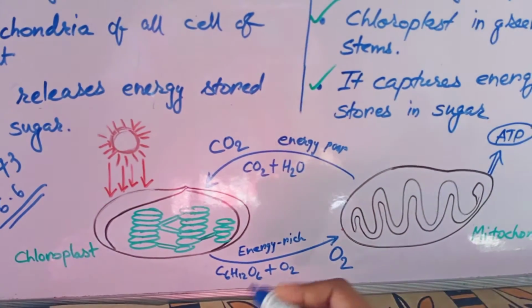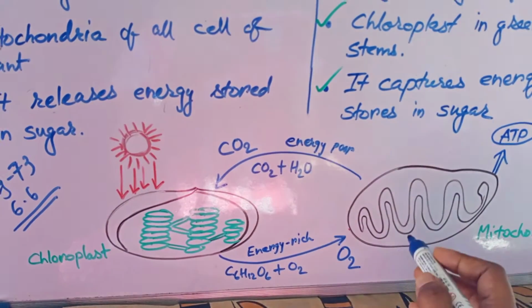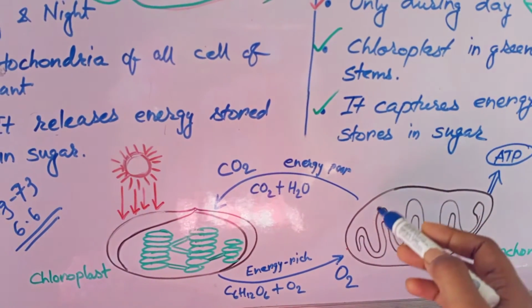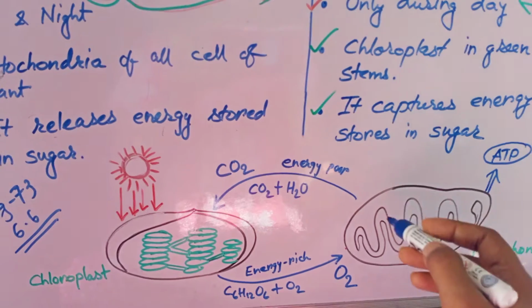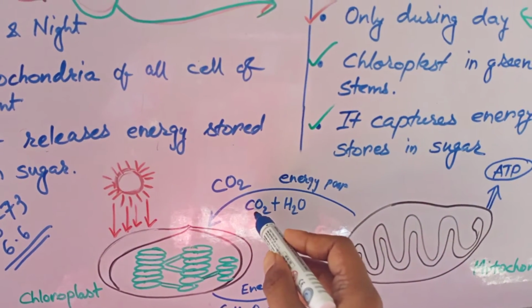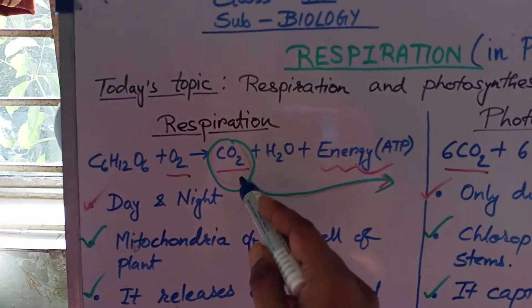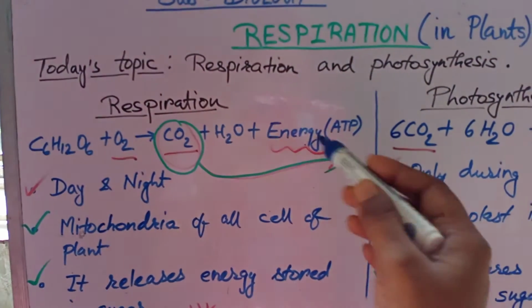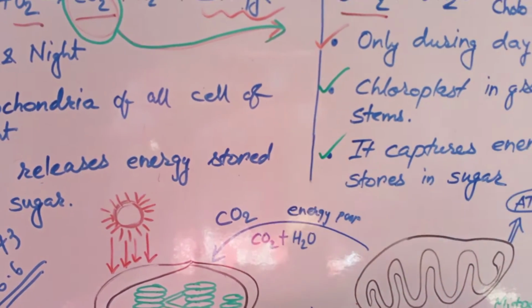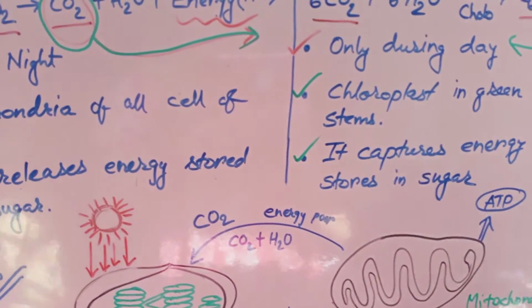Now a part of it, or the whole of this gas that is produced, is used up by mitochondria. Again, in the daytime, when respiration occurs by the oxidation of glucose, carbon dioxide and water are released and energy is also released. The energy is stored in the form of ATP.